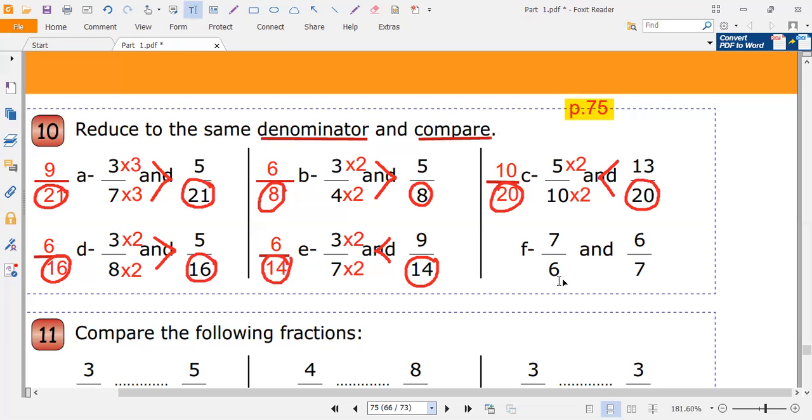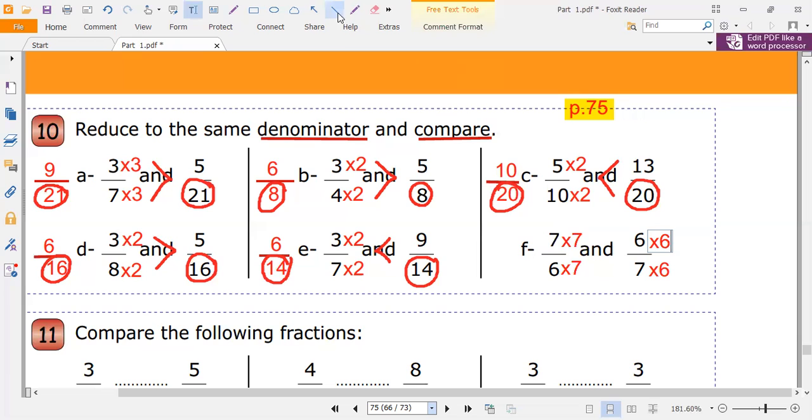So here we multiply the denominators by each other. So we have to multiply the 6 by 7, and we multiply the 7 by 6 to get the same denominator, because we know that 6 times 7 is equal to 7 times 6. So we multiply this fraction by 7 and this fraction by 6.